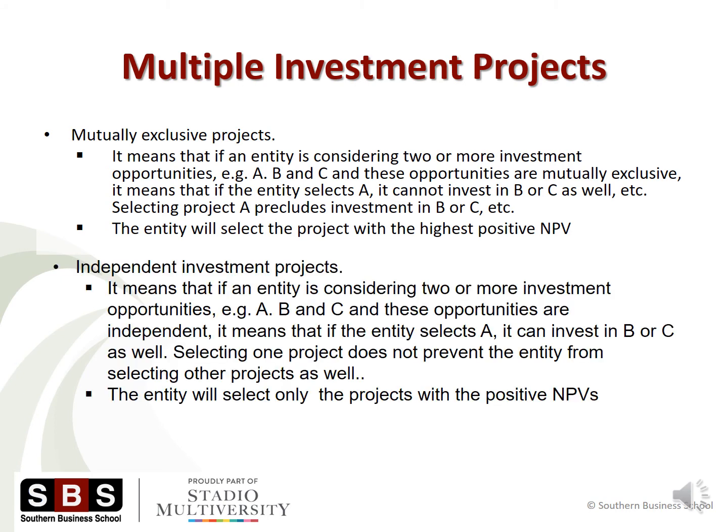On the other hand, one could also deal with independent investment projects. When projects are independent, it means that if an entity is considering investing in two or more investment opportunities, for example, in project A, B, and C, and these opportunities are independent, it means that the entity can select A and it does not exclude investing in B and C. So in other words, the entity can select investing in project A and B and C. They do not exclude each other.